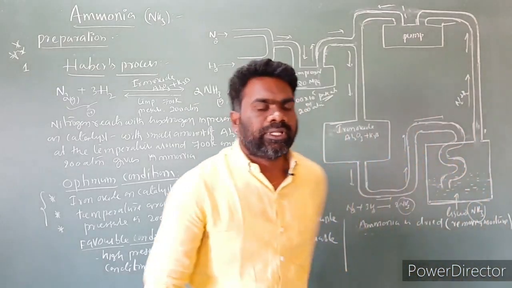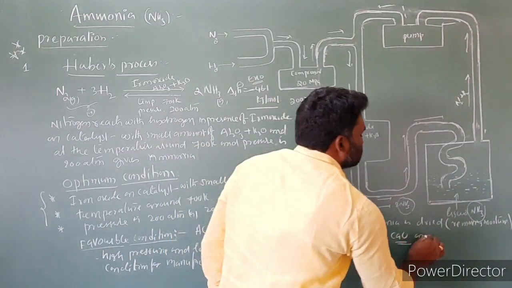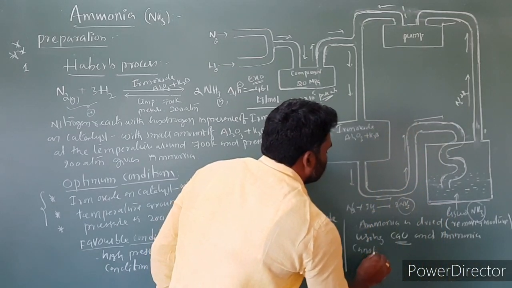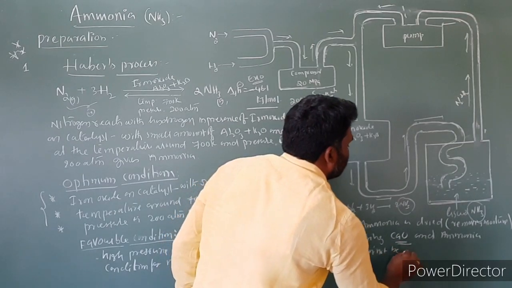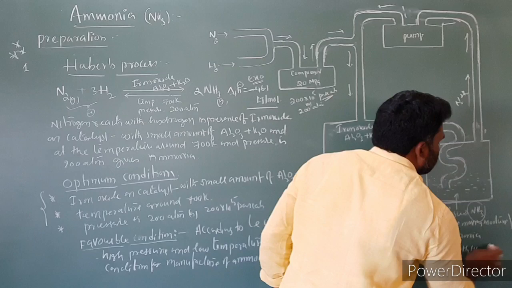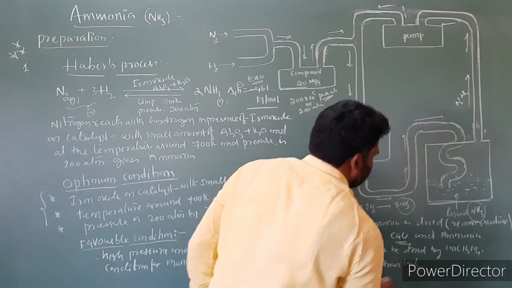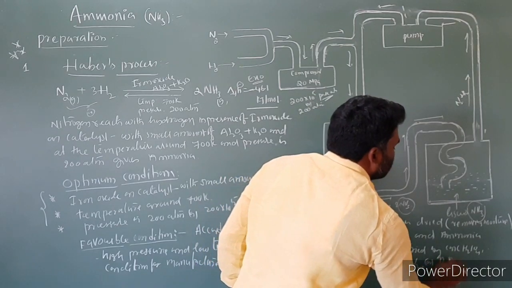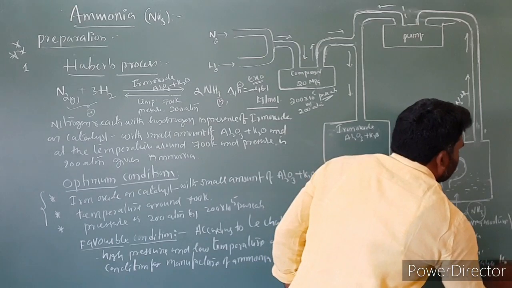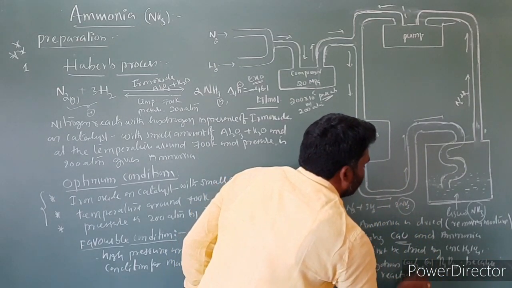So any moisture present in the ammonia is dried by using quicklime, CaO, and ammonia cannot be dried by concentrated H2SO4, anhydrous CaCl2, or P4O10, because they will react with ammonia.